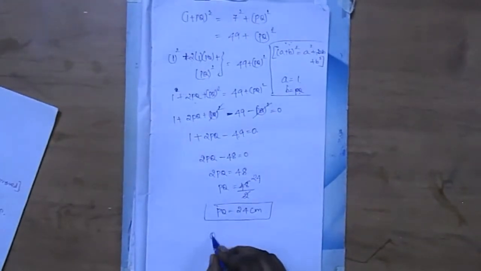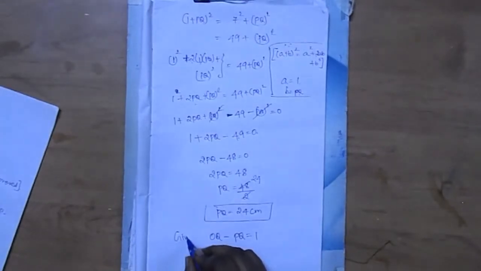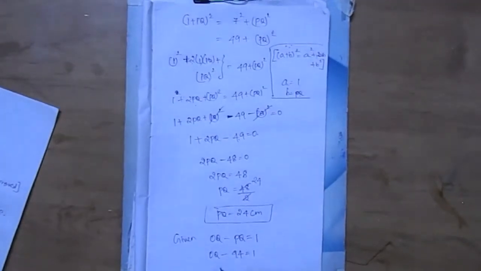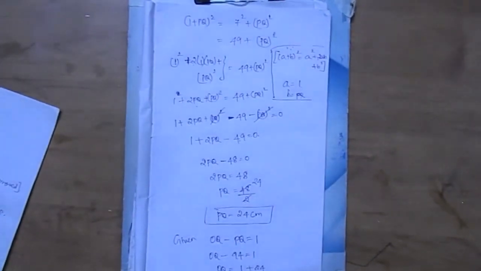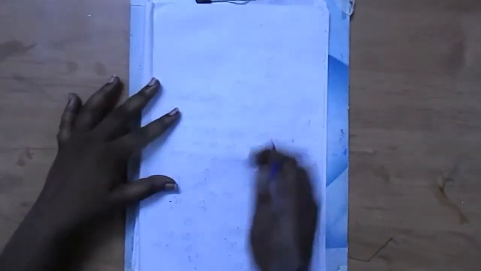Next, OQ minus PQ equal to 1. This is given. Now we found the PQ value. Therefore, OQ minus 24 equal to 1. Therefore, OQ equal to 1 plus 24. Therefore, OQ equal to 25. Next, consider the same triangle.